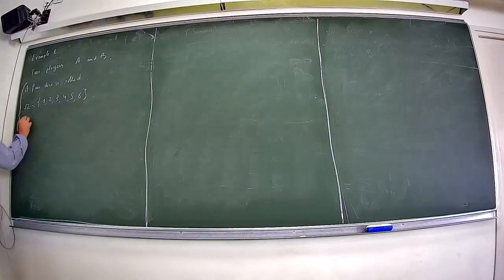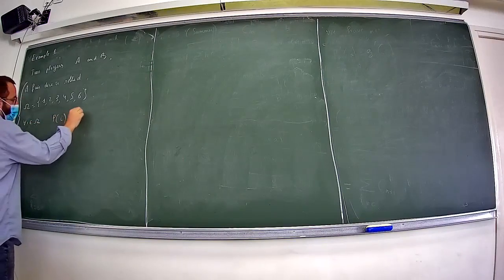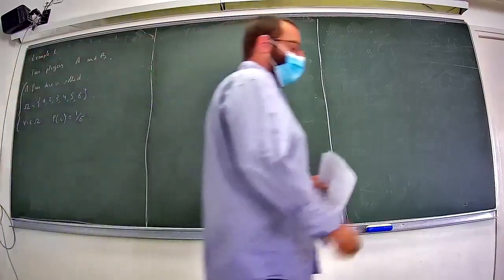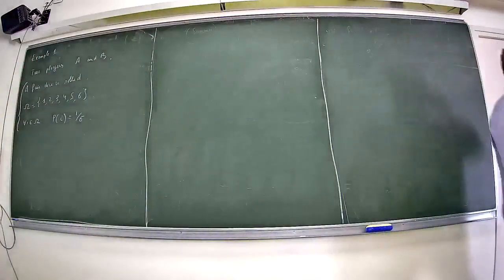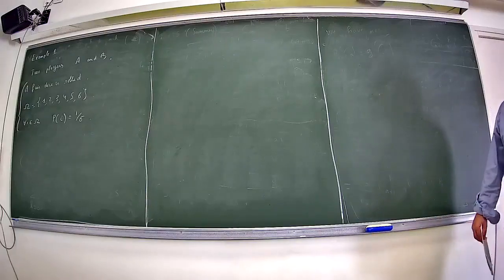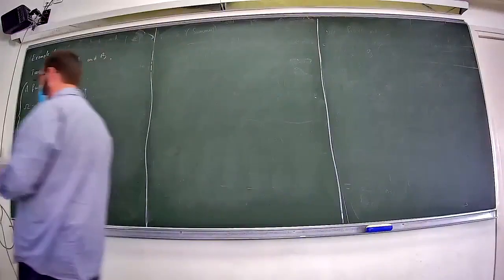And so here, for all i belonging to omega, P of i is equal to 1 over 6. Basic situation where I have a fair dice. So I roll a dice, a classical one that I suppose to be fair.